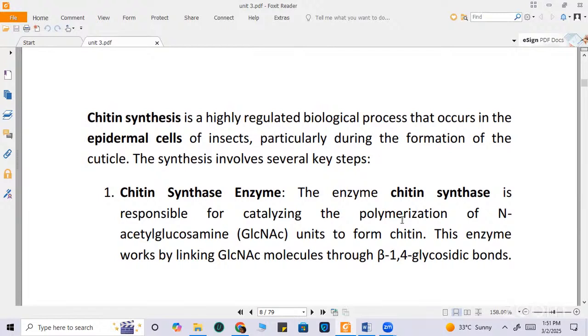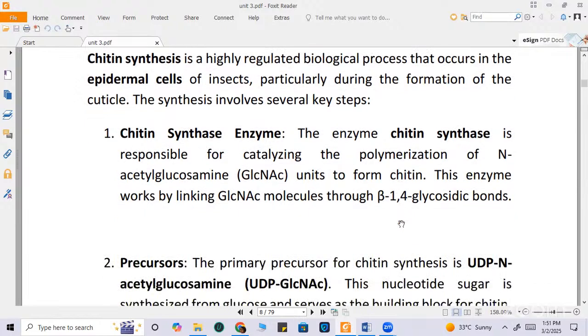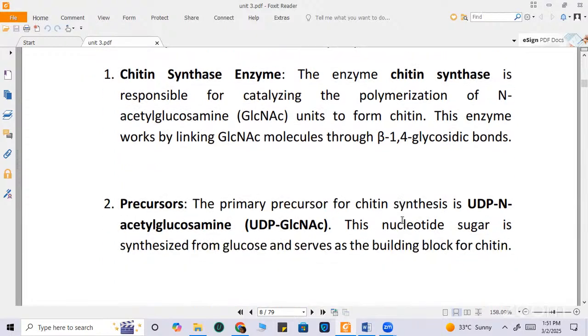This enzyme works by linking the N-acetyl glucosamine molecules through beta-1,4 glycosidic bonds. So that is how the synthesis happens. And the primary precursor of chitin synthesis is uridine diphosphate N-acetyl glucosamine. UDP, uridine, is a nucleotide which has two phosphates.